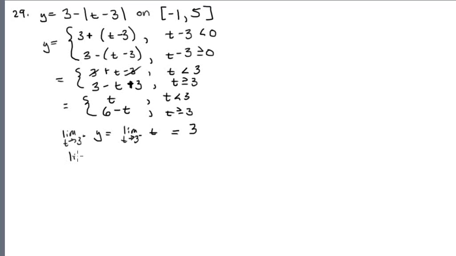The limit as t goes to 3 on the right, approaching on the positive side, will be the same as the limit as t goes to 3 on the right of 6 minus t, which I can find with direct substitution, and it equals 3. So my function's glued together. As I approach on the one side, I get the same value as I approach on the other side. So my function's continuous. That's good.